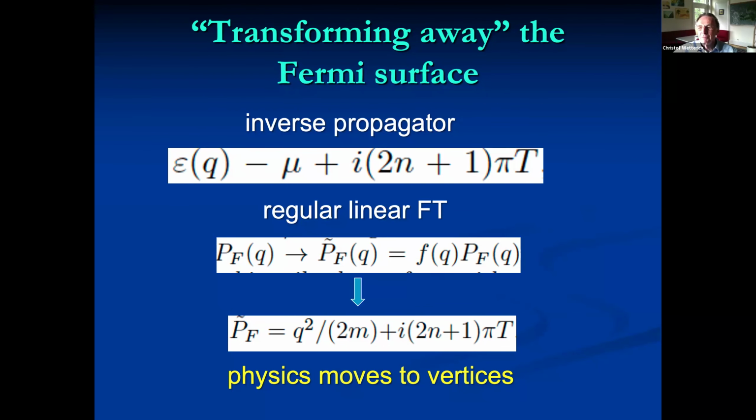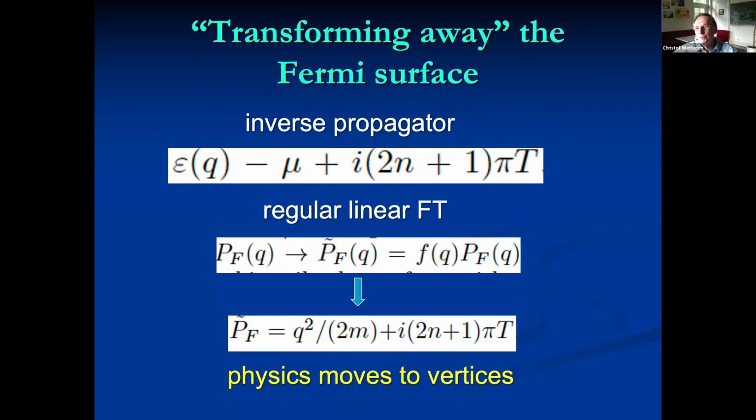And you say, well, that doesn't seem to be such a nice thing because a lot of physics is in the Fermi surface. So where did it go? Well, you have moved by this type of transformation the physical information on the Fermi surface to vertices.